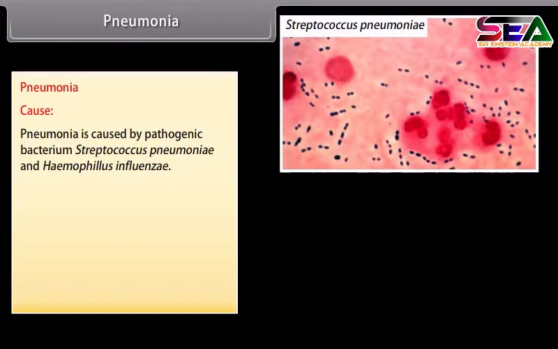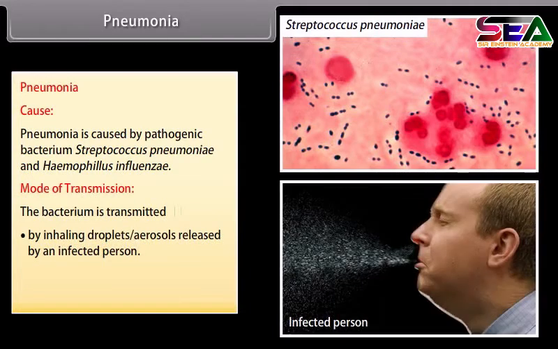Pneumonia. Cause. Pneumonia is caused by pathogenic bacterium Streptococcus pneumoniae and Haemophilus influenzae. Mode of transmission. The bacterium is transmitted by inhaling droplets, aerosols released by an infected person, by sharing utensils with an infected person.